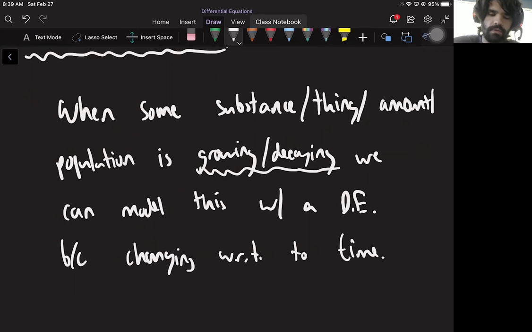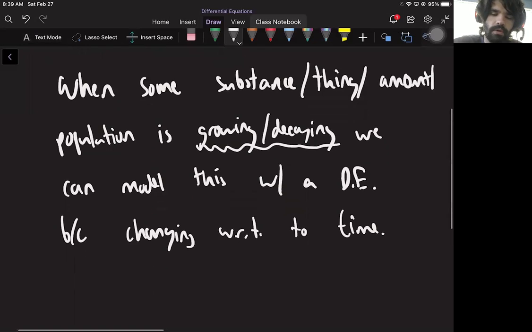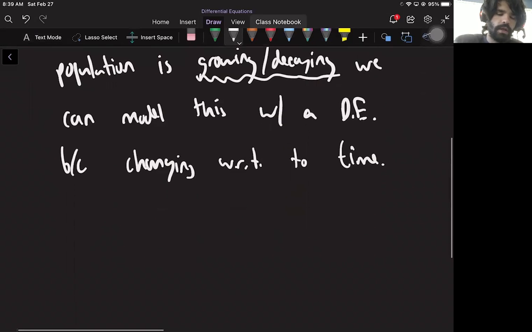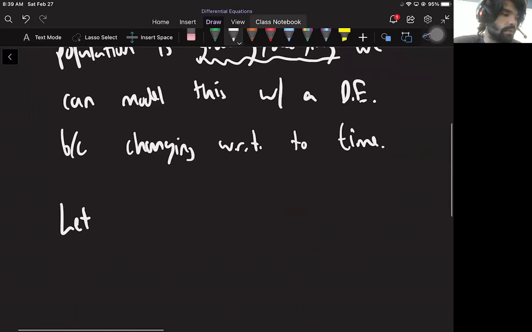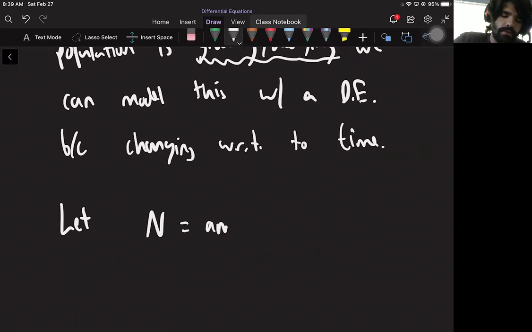Okay, so there are lots of ways for things to grow or decay, but we're going to cover just one for right now. And what we're going to do is name some variables to make things easier to write down the differential equation. So we're going to call n the amount or the population or whatever you want to call it.